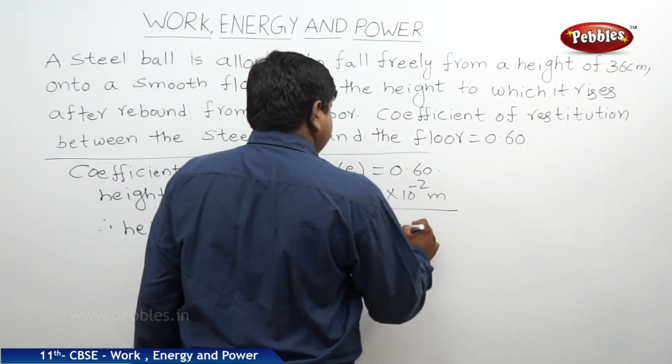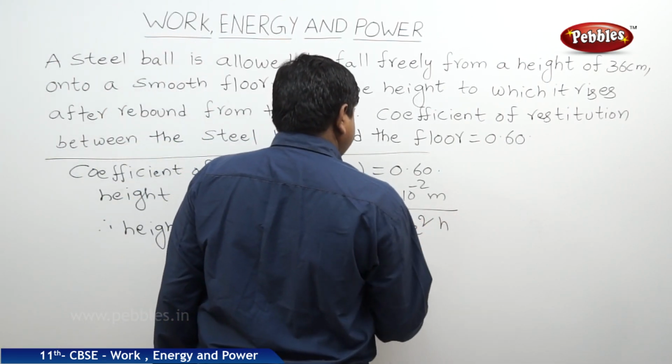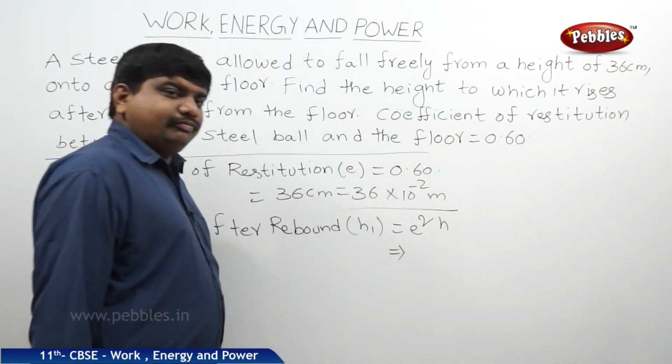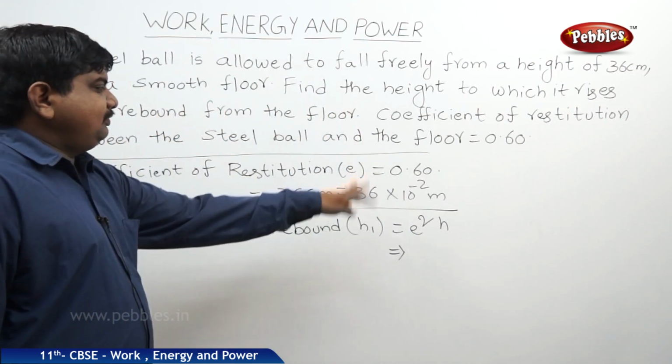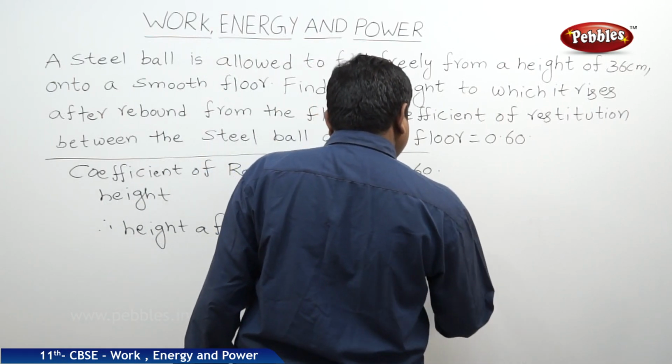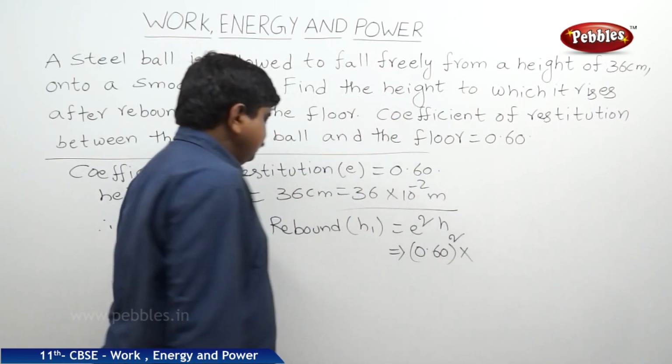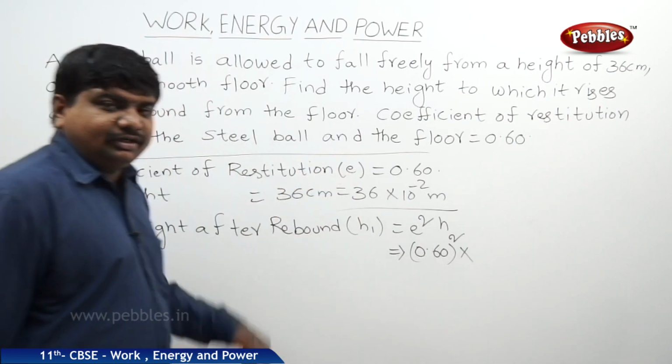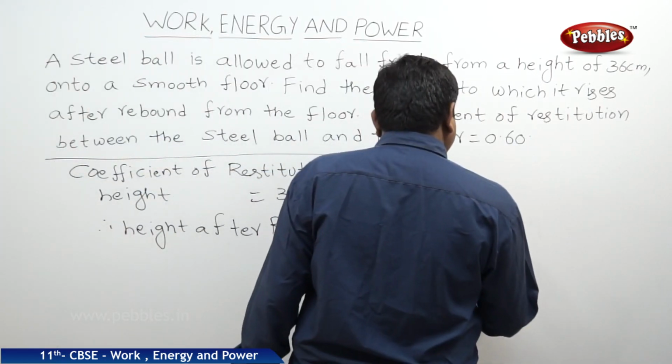h1 is equal to e to the power of 2 into h. Therefore, (0.60) whole square into h, 36 into 10 to the power of minus 2 meters.